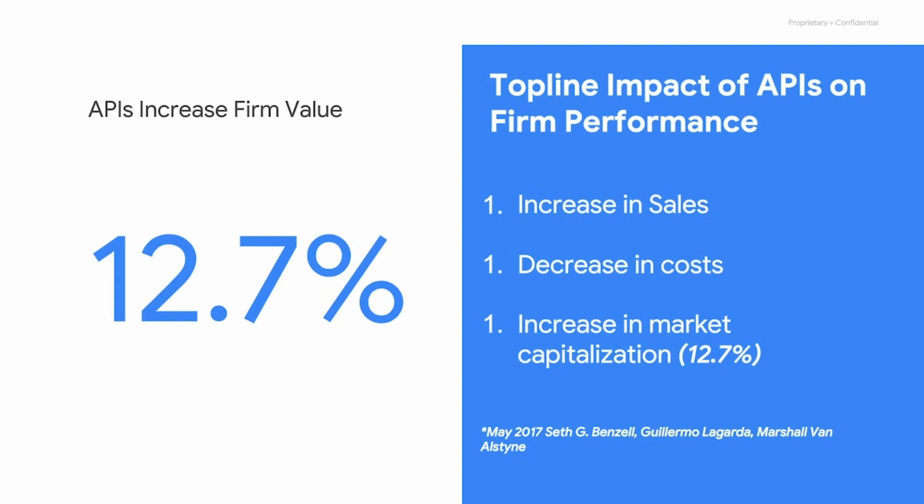And the report found that there was a substantial relationship between companies who invested in API programs and an increase in sales, decrease in cost, and overall a higher net income, translating to an overall increase in the business value by 12.7%. Now, I know what most of you are probably thinking.